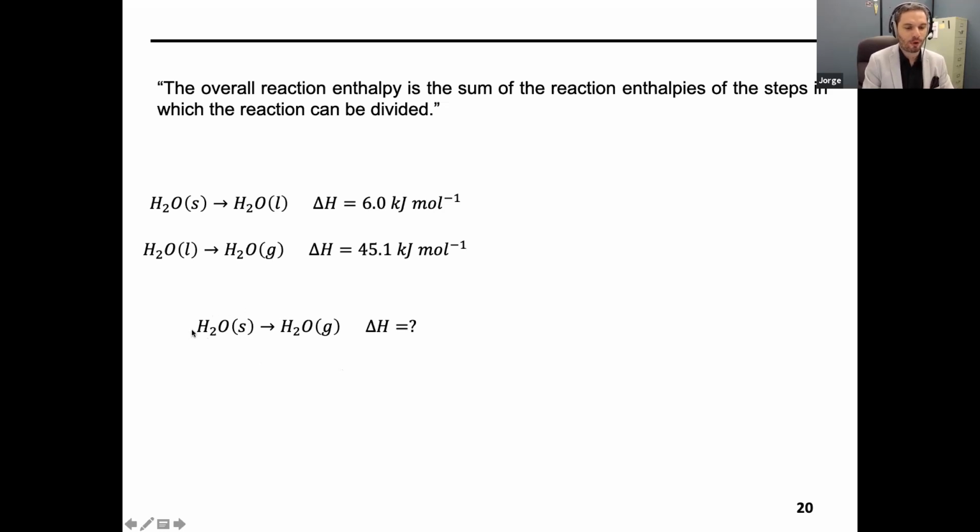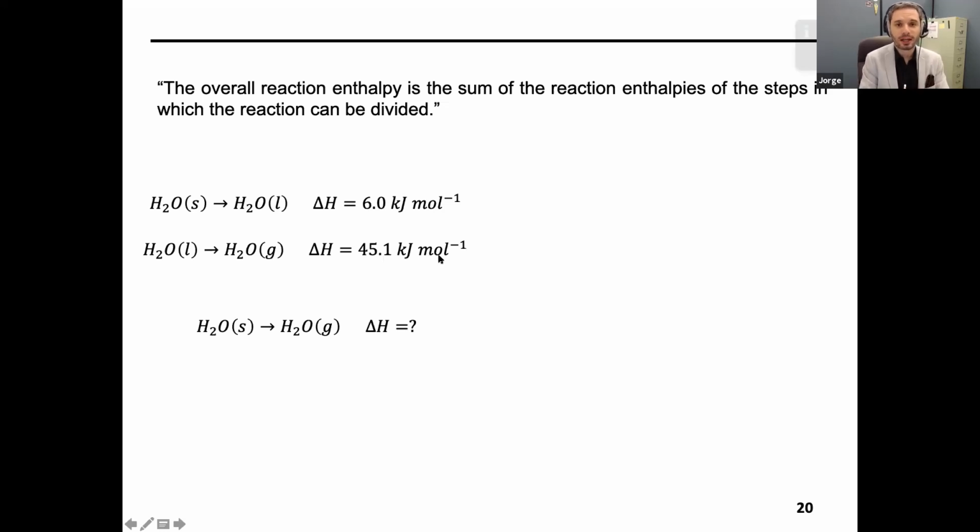So we have water in the solid state going directly to the gas state, and we don't know the delta H for this specific transformation. However, we know the delta H from water going from solid to liquid, and that's 6 kilojoules per mole. And we also know the delta H for water going from liquid to gas, and that's 45.1 kilojoules per mole.